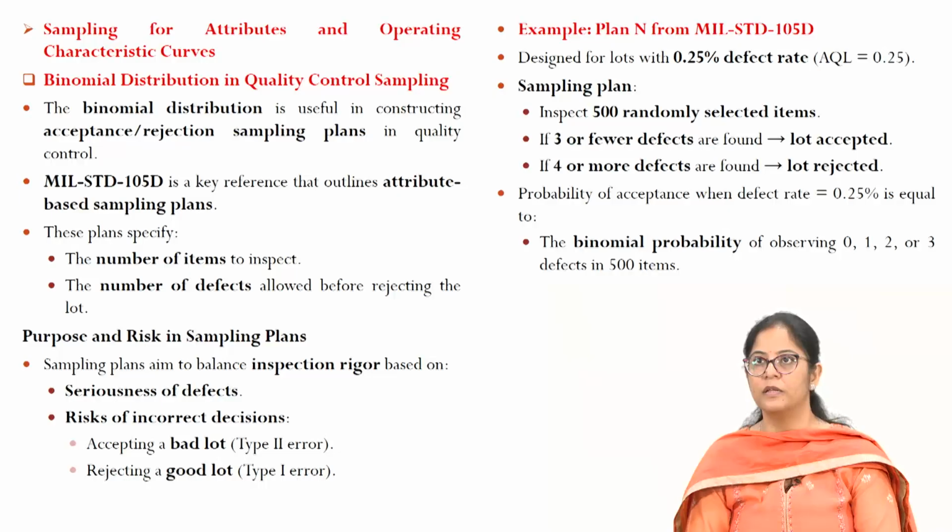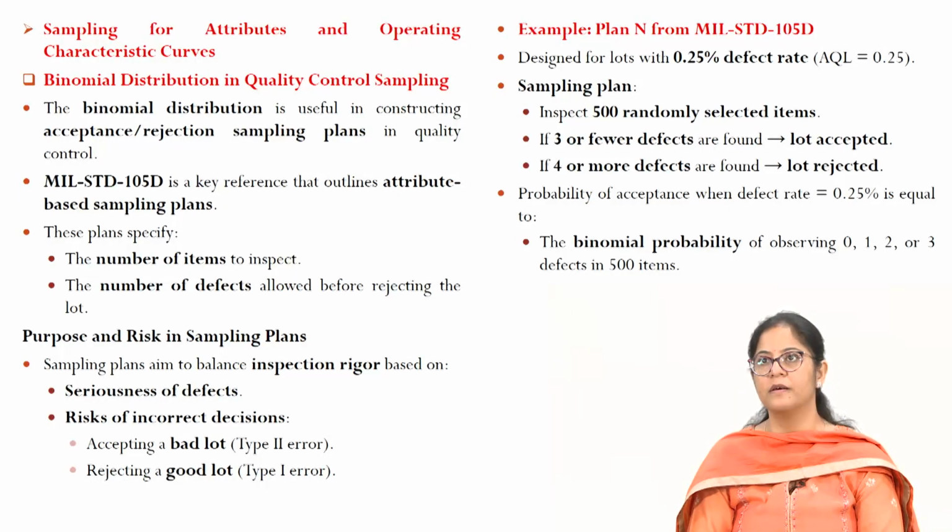So, for example, there is a plan designed for lots with a 0.25% defect rate, that is, AQL is 0.25. In the sampling plan, 500 samples are randomly selected. If 3 or fewer defects are found, the lot is accepted. If 4 or more defects are found, the lot is rejected.